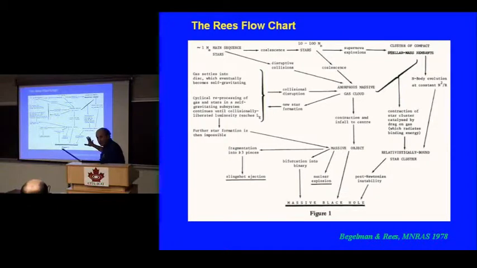The purpose of this flow chart was to show that no matter what initial conditions you start with, ordinary main sequence stars, what we would now say are Pop III stars, or gigantic amorphous gas clouds, no matter what you do, you end up with something that can't support itself against gravity, that can't disperse itself, and therefore ends up as a massive black hole.